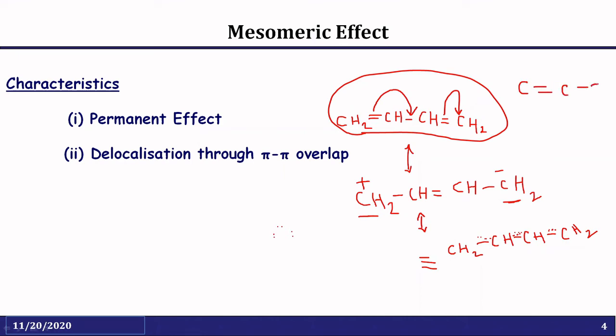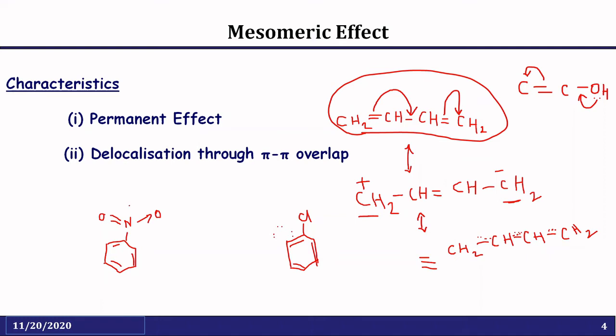Then that lone pair will be involved in resonance, so we can also expect this kind of resonance effect or mesomeric effect. This is also called the plus R effect and minus R effect, or sometimes the minus M effect and plus M effect.